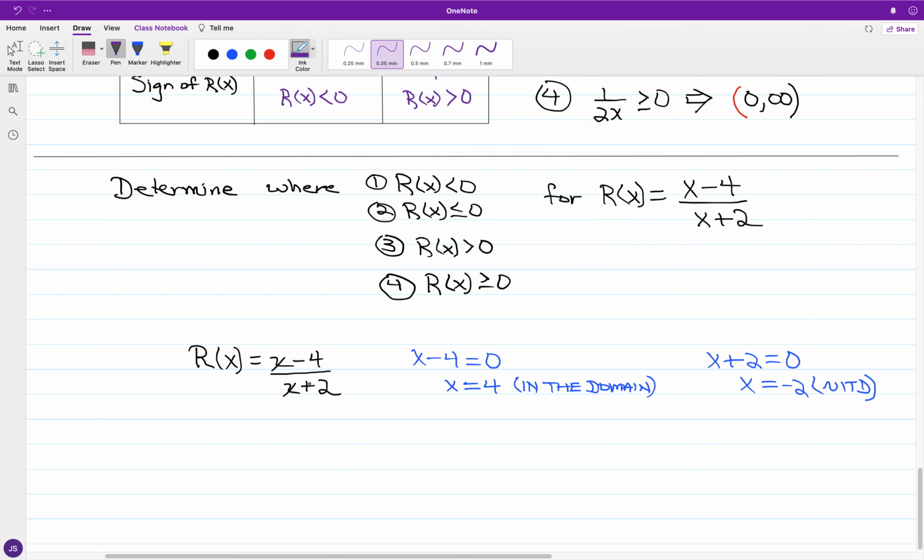All right, so setting up our table, we have r of x equal to x minus 4 all over x plus 2. For the zeros, we have 4, which is going to be in the domain.